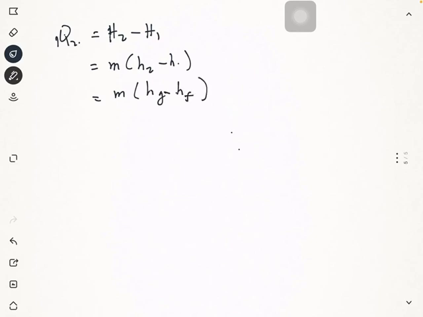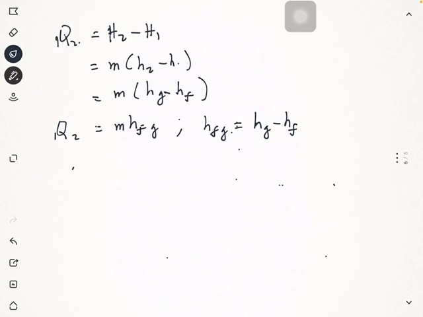Simply, Q 1 to 2 is M hfg, where hfg is the difference of the specific enthalpy of our saturated vapor minus the specific enthalpy of our saturated liquid.